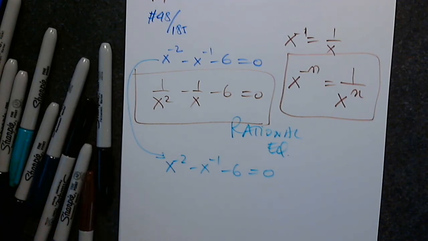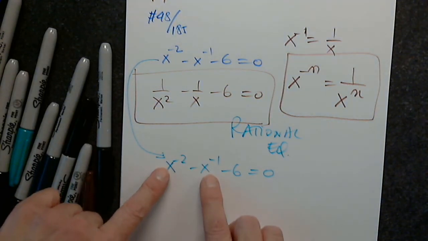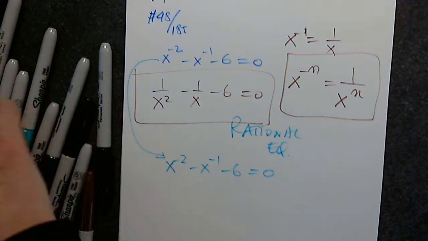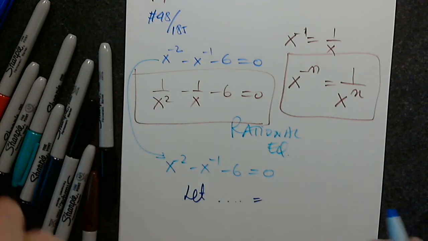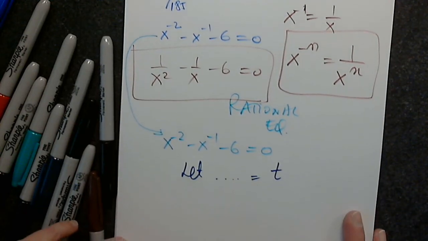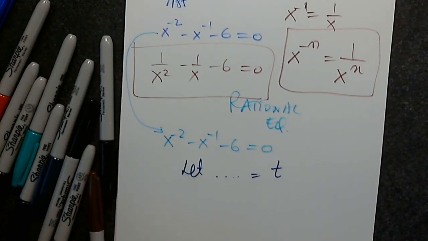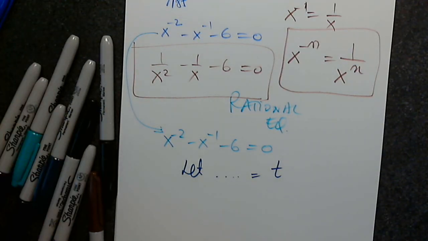Which of these two quantities am I going to look at and say, maybe I should let t be that? What quantity do you think? Just give it a shot. X to negative 1.